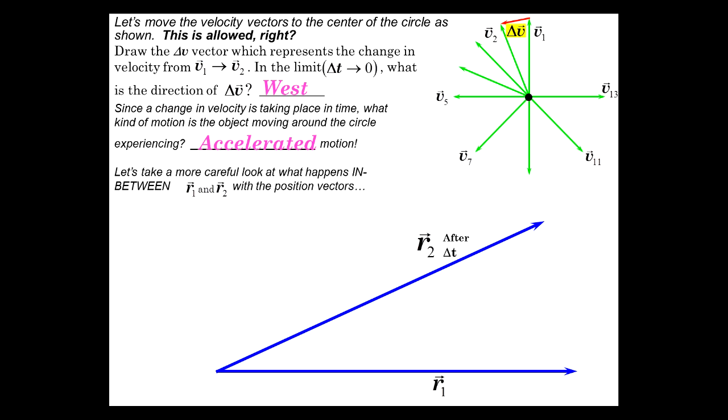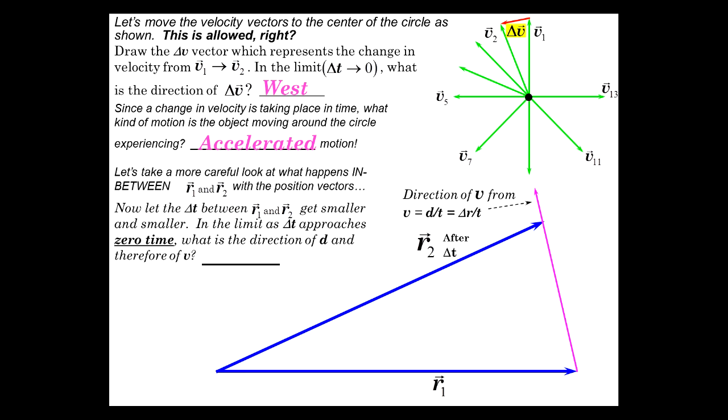So here we have R1 and R2, and these vectors are copied. I drew them in PowerPoint, but copied one and then connected the tails together here, so they're really the exact same length. What I want to do is connect across here. Now, if I just went from here to here and stopped, that would be the displacement.